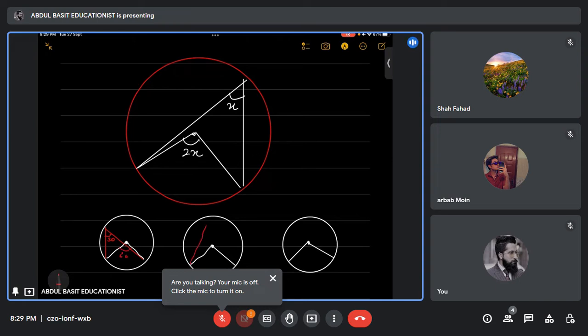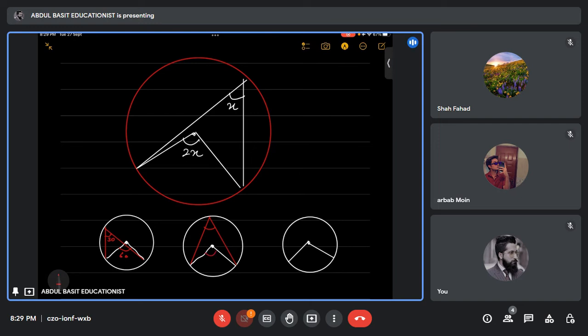If this angle goes there and comes back here, and for example this angle is 80, then that would be the half, and vice versa. For example, if the line starts from this point and goes there and comes back here, and this angle is 30, it means the inner angle would be 60 degrees. So the starting and ending must be the same.